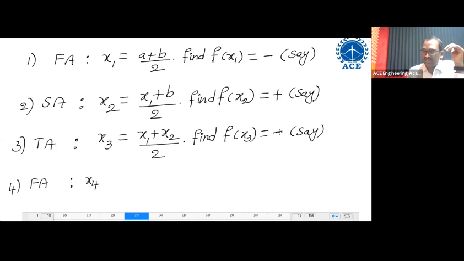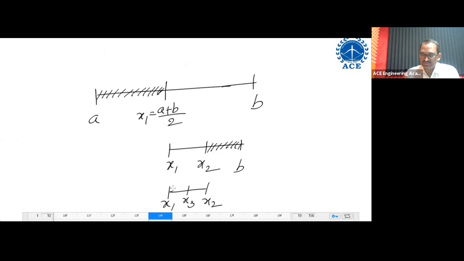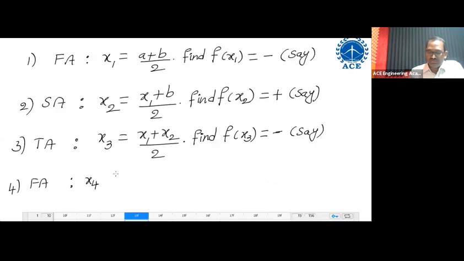F of x3 is negative. Where do you get the latest opposite sign? At x2. F of x2 and f of x3 are of opposite signs, so the root lies between x2 and x3. Then the next approximation is the average of x2 and x3.